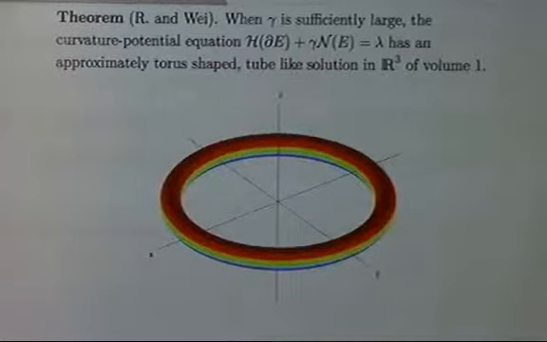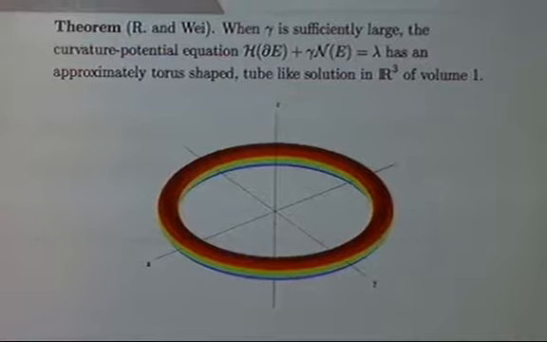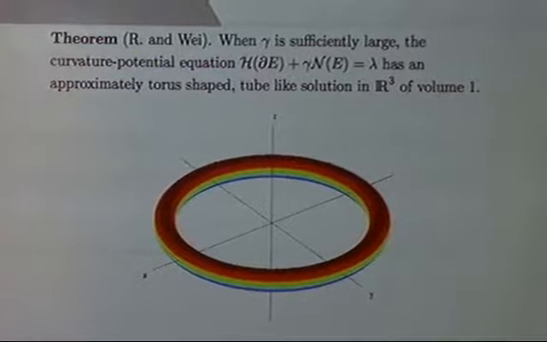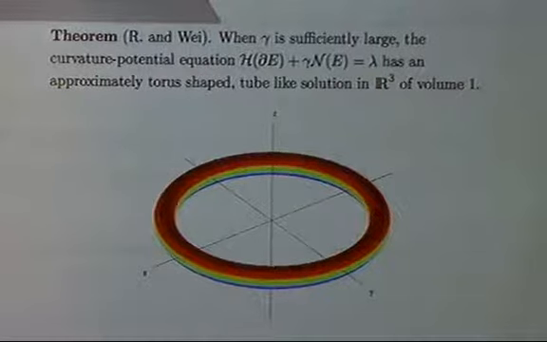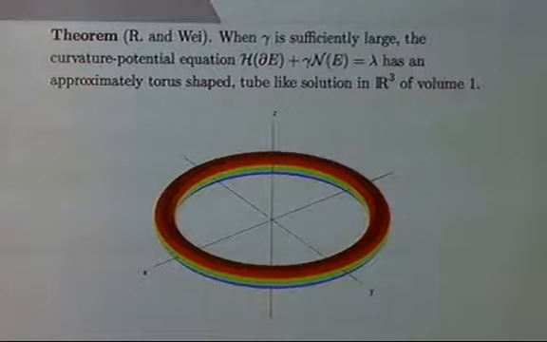So here's our more recent theorem. Again, we look at the curvature potential equation in R3, and we can find a set which looks like this, a tube, a torus. The volume of this is equal to 1, and this solution exists if gamma is sufficiently large.